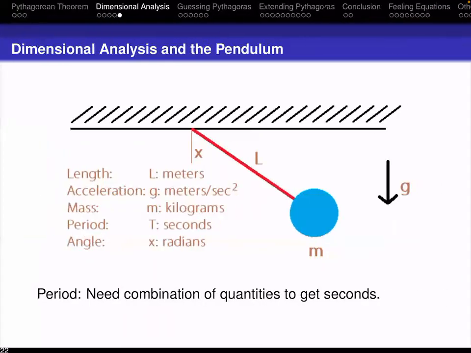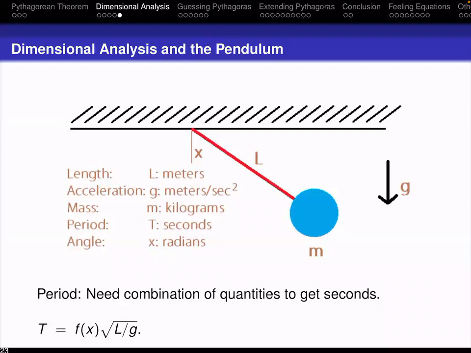And so I get that the period has to be some function of the initial angle times the square root of L over g. So before we even go to the lab, I conjecture that if we quadruple the length, the period doubles. It turns out to first order, the period is independent of the angle x.